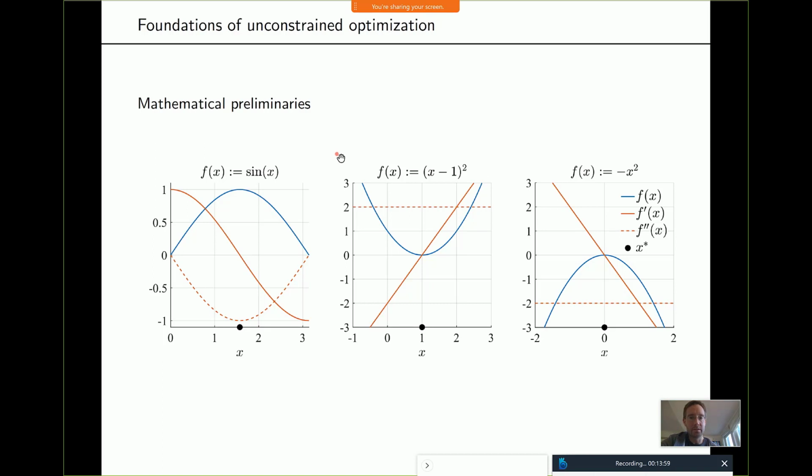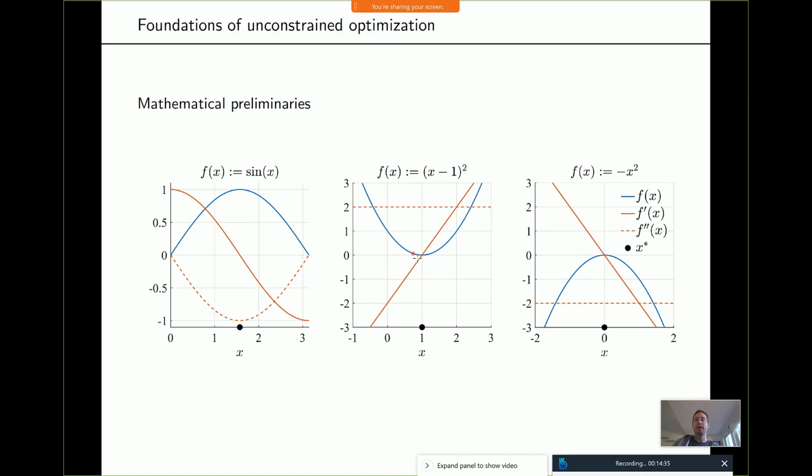So, for example, if you look at this function here, x minus 1 square, which has its minimum at 1, and this function is this blue one, and you plot the first derivative of it, then you see that at the location of the minimum, the first derivative is 0, and you see that the second derivative is always 2, so it's always positive, so you have a minimum.